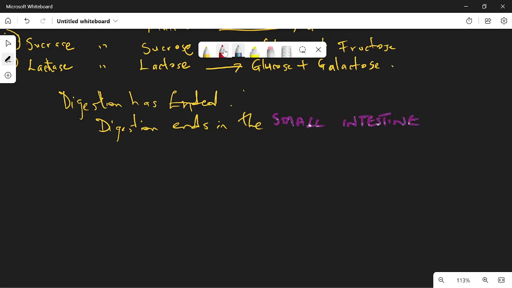Digestion ends in the what? In the small intestine. Does anybody have any question?